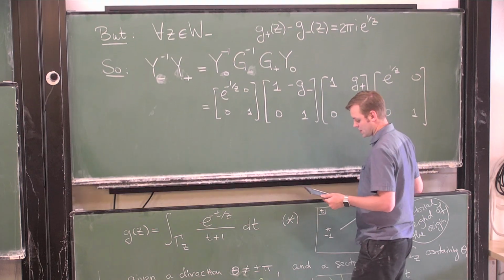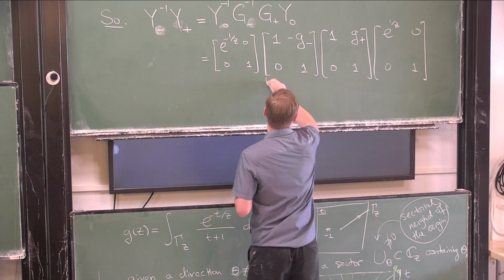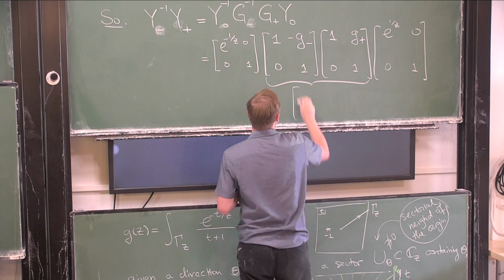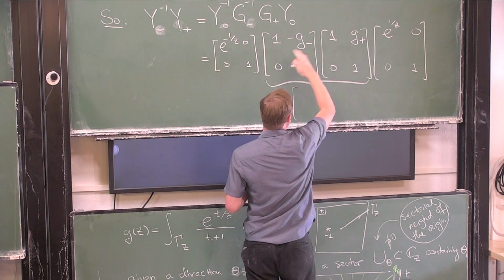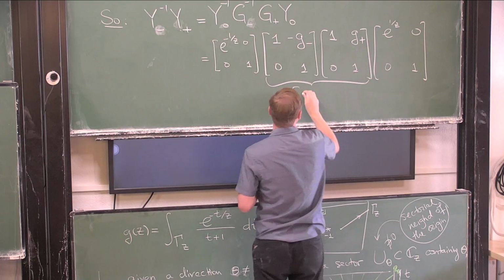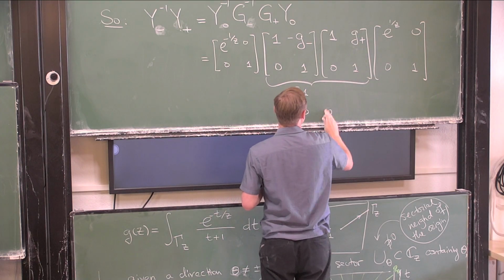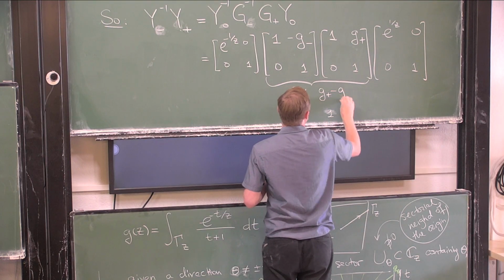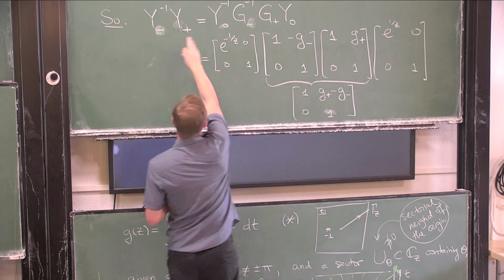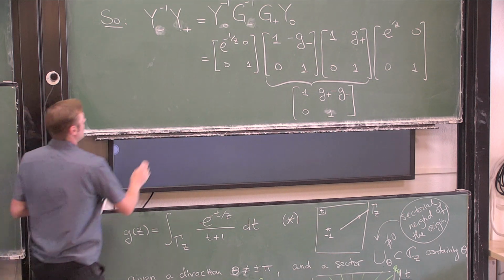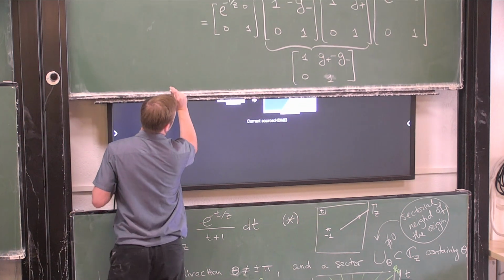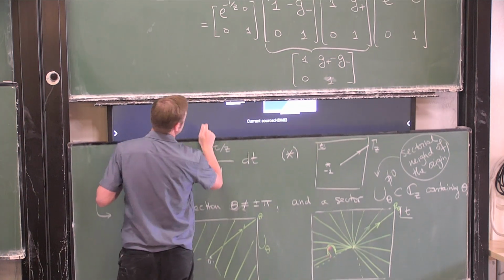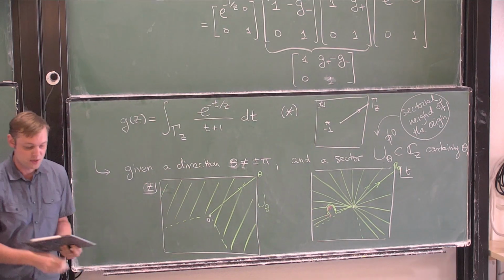If you compute this, of course, they're unipotent upper triangular matrices, so in a multiplication I just add the off-diagonal terms. 1, 0, 0, 1. And so over here we just have this difference that basically encodes the Stokes phenomenon.